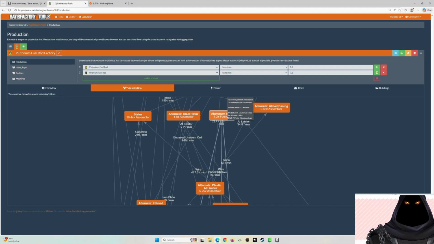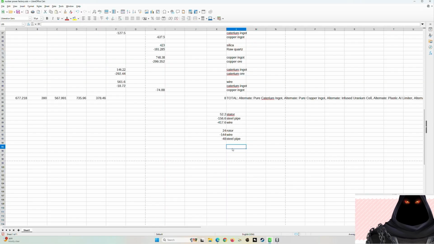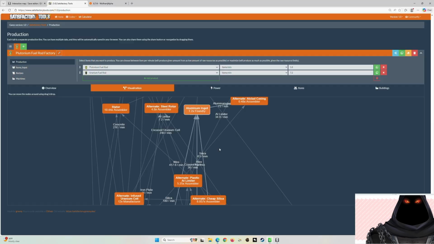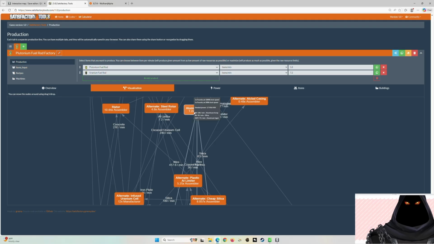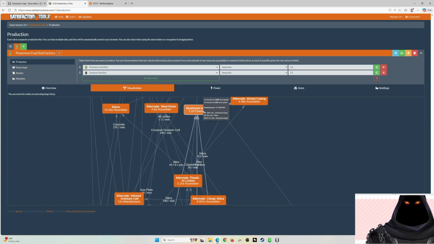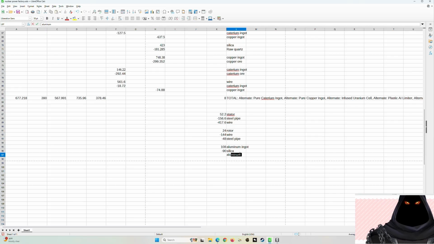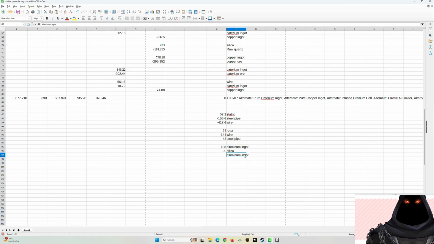Then for aluminum ingot, which honestly, I feel like I should probably put this somewhere else, right? So for aluminum ingot, it's aluminum, which consumes 90 silica and aluminum scrap.